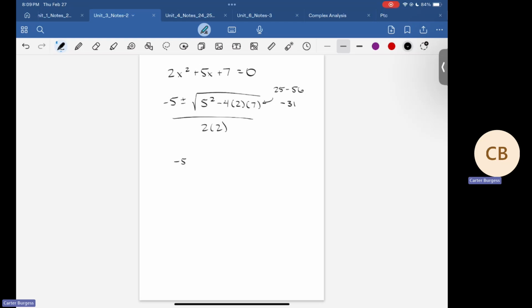So this is negative 5 plus or minus the square root of negative 31 over 4. And 31 is a prime number. This is going to be i root 31 over 4. And we could, if we wanted to do the good job of separating this out, negative 5 over 4 plus or minus i root 31 over 4.